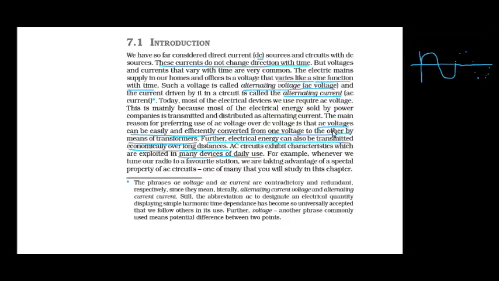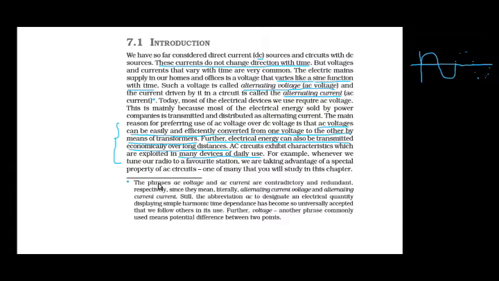AC voltage can be easily and efficiently converted from one voltage to another by means of a transformer. So the lines which are written here are telling us about the benefit of AC current or AC voltage over DC current or DC voltage.